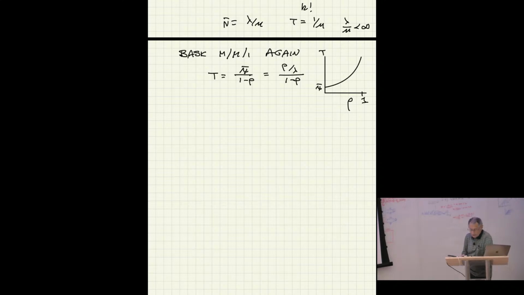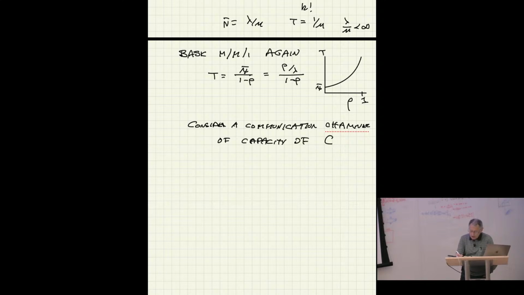Now, we don't have grocery clerks serving customers in a computer network or in a computer system. We have communication channels sending bits through a communication link. So let's think of it that way. Let's consider a communication channel, and let's assume it has a capacity of, say, capital C bits per second.